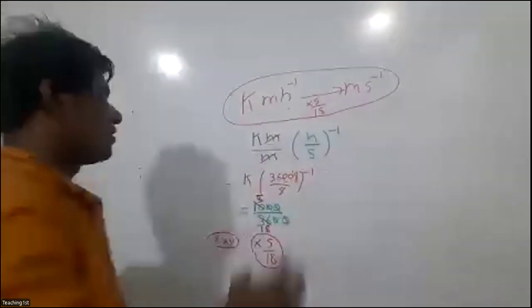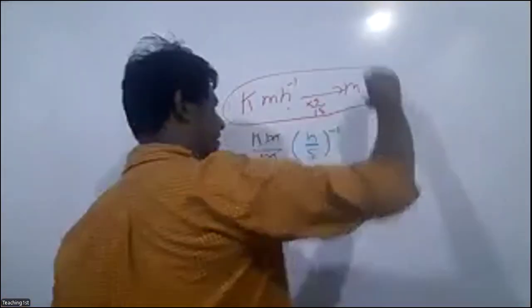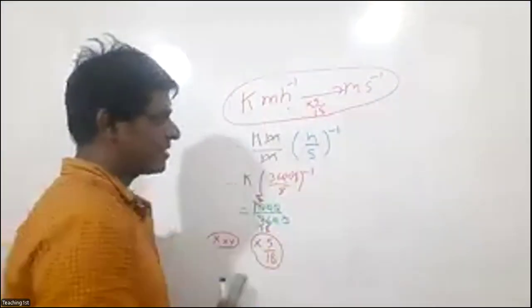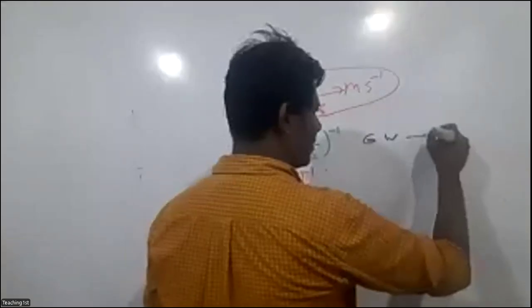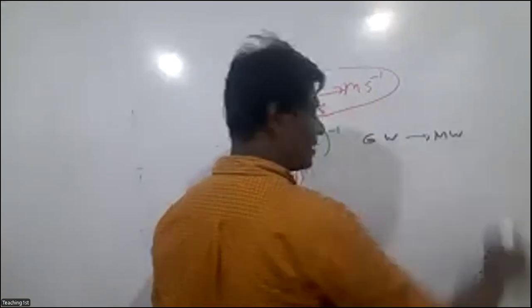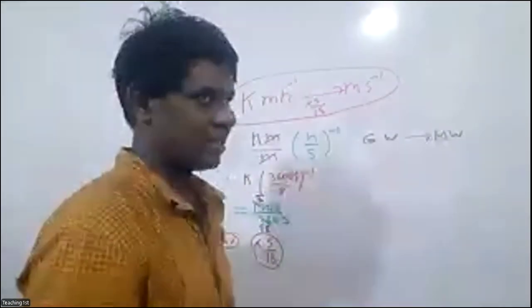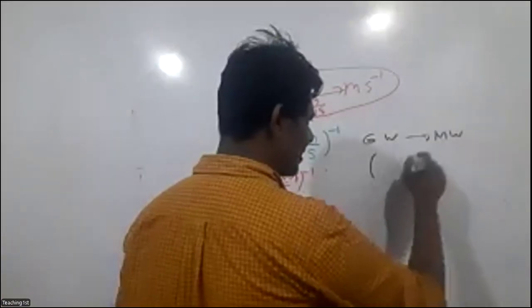Have a good look. You have to convert kilometers per hour to meters per second. Okay. Forget about all of this. It is like gigawatt to megawatt conversion. What did we do when converting that?